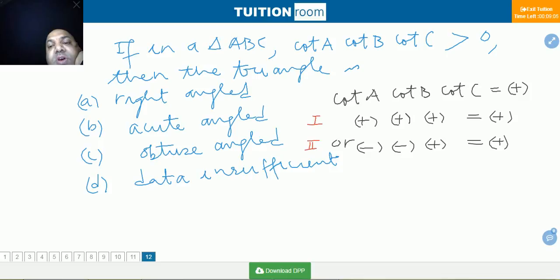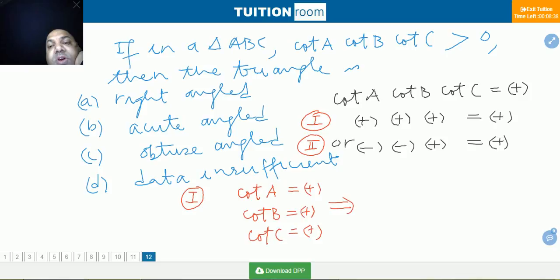When all three numbers are positive, cot A is positive, cot B is positive, cot C is positive. This implies that angles A, B, C are all acute, so the triangle is acute angled.